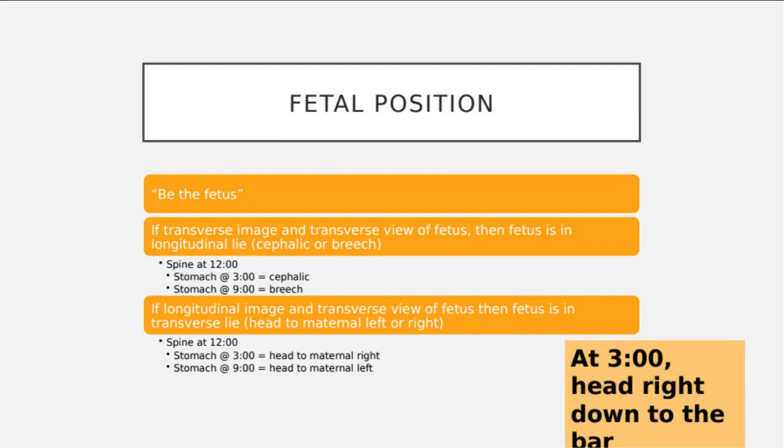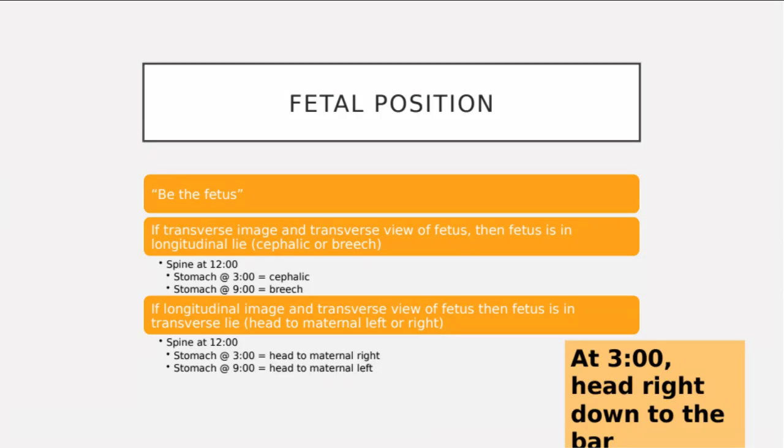Fetal positioning: baby's head up, baby's head down, baby's head is to the mom's right or the mom's left. Now, first we need to determine, is the baby head up or head down, or are they sitting side to side? And there are 2 different ways that we can do that, and then we can further specify what category of that position that baby is in.